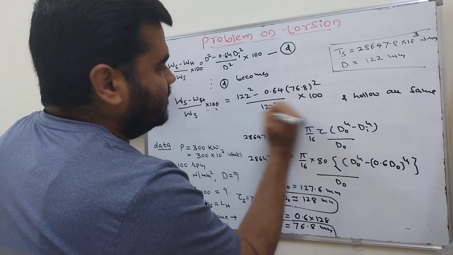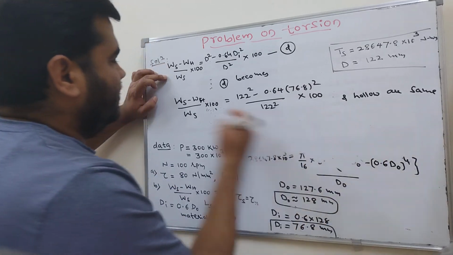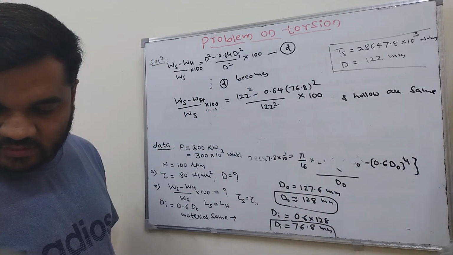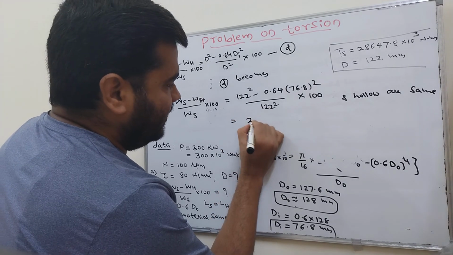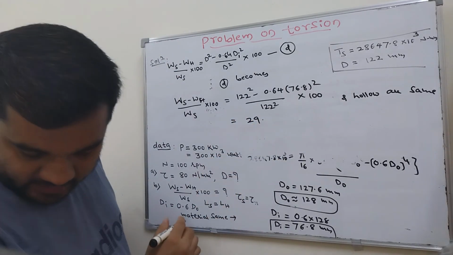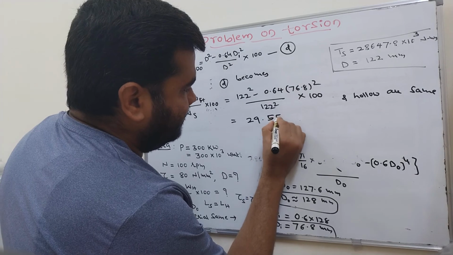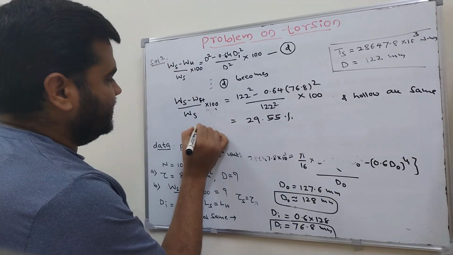Simplify and calculate how much weight we can save. That will be 29.55%. So this is the final answer.